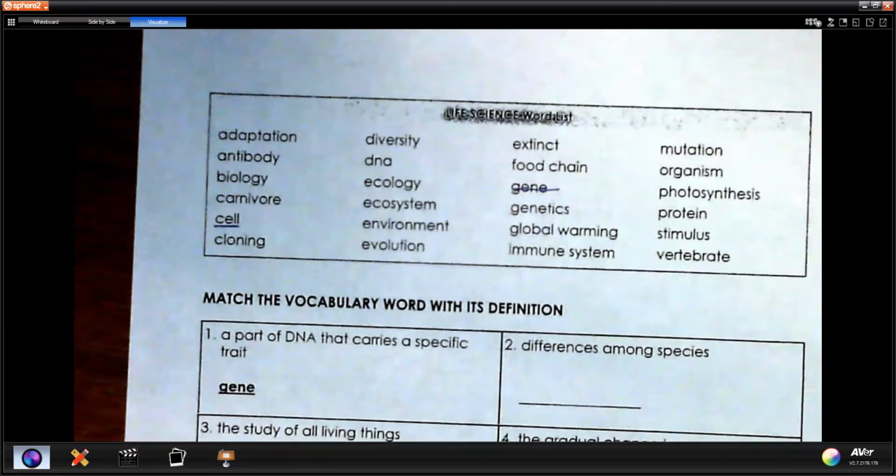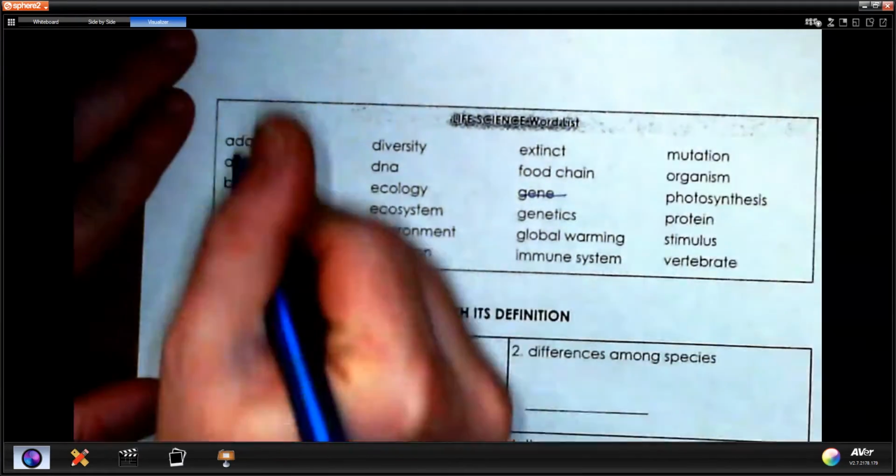Does anyone remember what those parts of words were? So parts of words, so the root, the prefix, the suffix. So if I know parts of words, the base, then I can figure out the meaning.